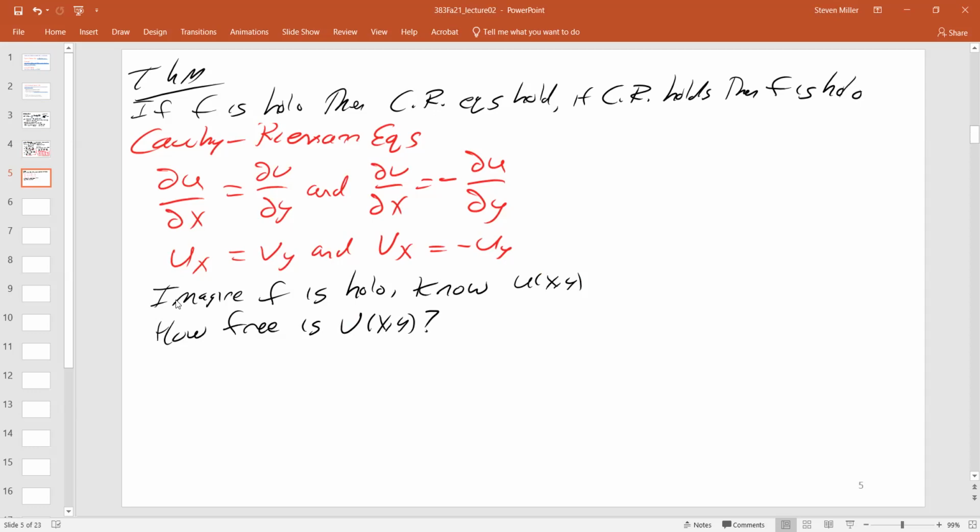I know how v changes with x. I know how v changes with y because the derivatives of v are just now the derivatives of u, and we know the derivatives of u. So how free is v? Only up to a constant. So if there's a solution, any other solution would differ just by a constant. All right.